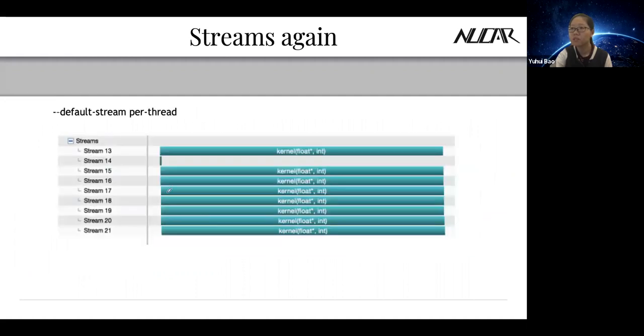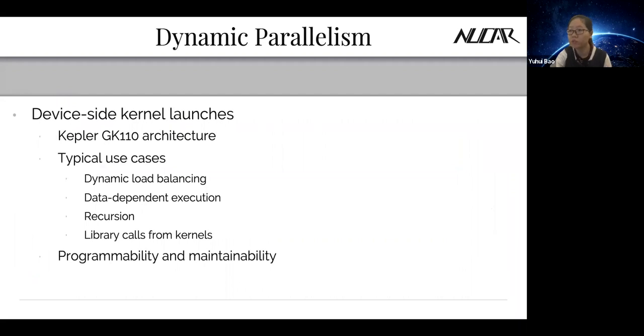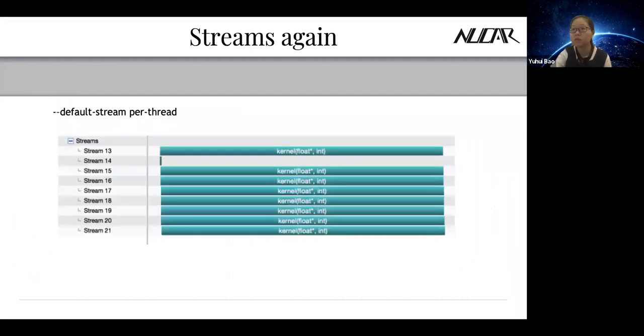In this case, the dummy kernel will be executed in stream 14. It won't be executed in the default stream if you set the default stream flag as per-thread.